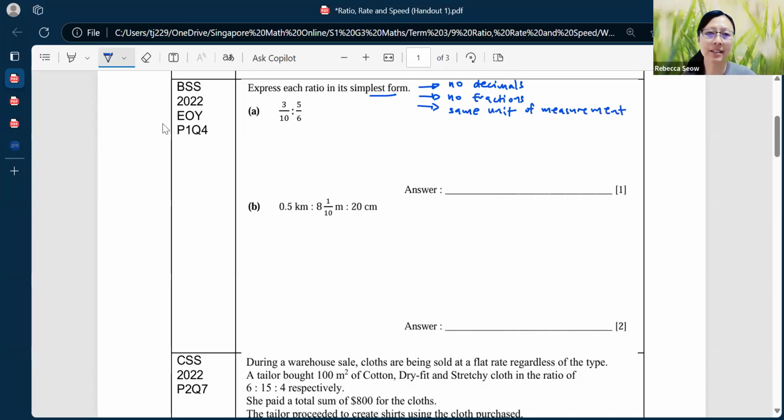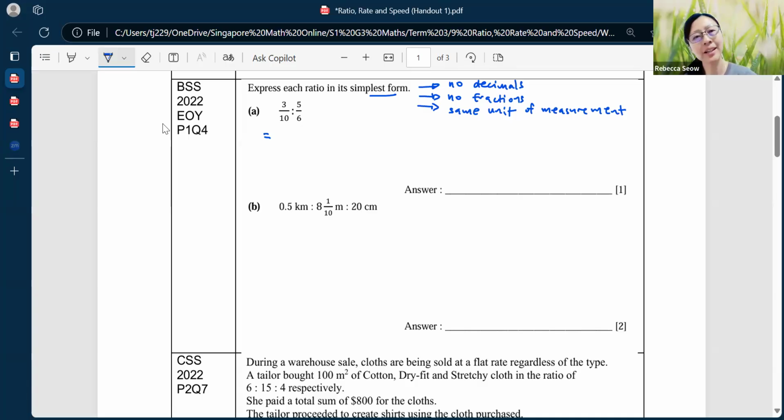Now, looking at part A, you have a ratio between two fractions. So how are we going to remove the fraction and form a ratio in the simplest form? In order to remove the denominators, what we can do is find an equivalent ratio obtained by multiplying both quantities by the LCM of both denominators.